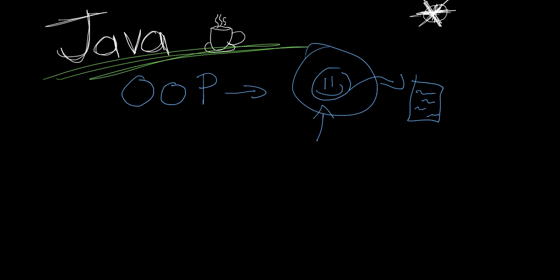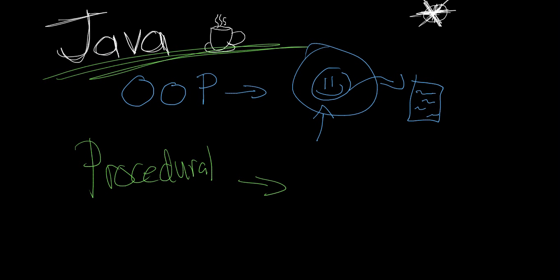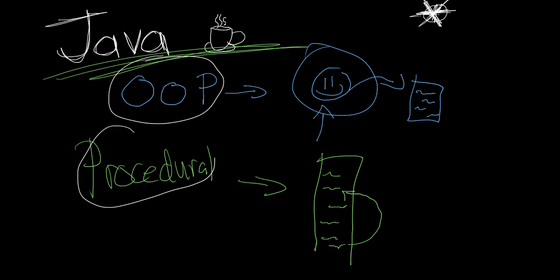This is in contrast to procedural programming languages, like COBOL, which are just one long list of instructions, and maybe right here it'll say come up to here again. But that's the difference between object-oriented and procedural.